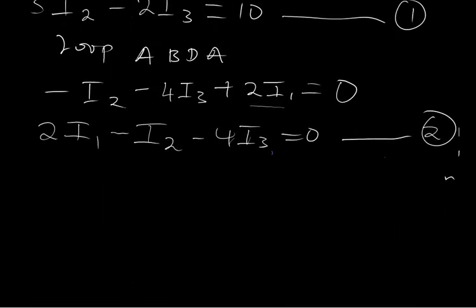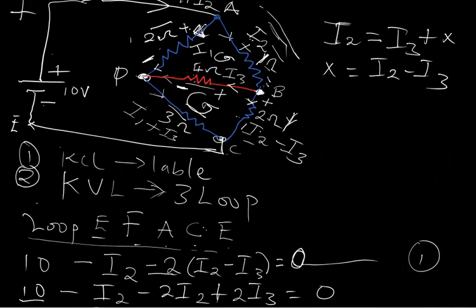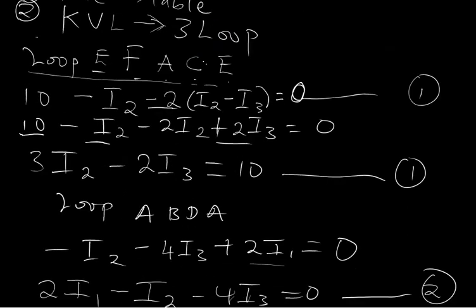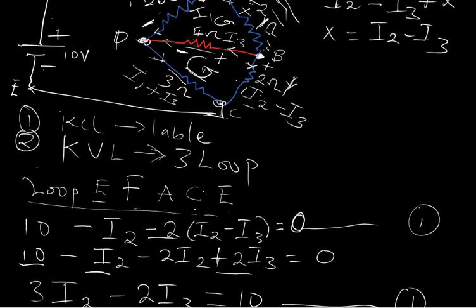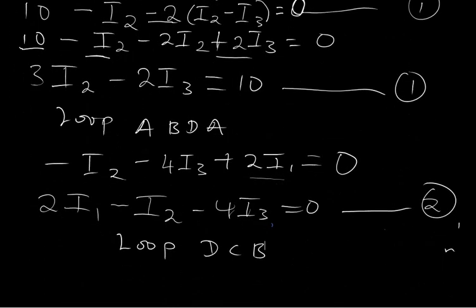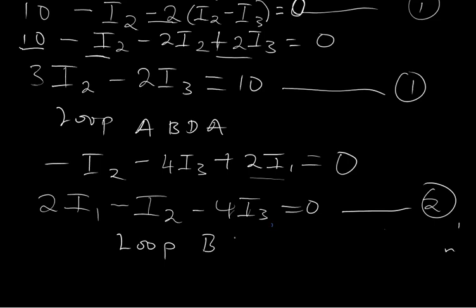Now let me look at the loop B, C, D back to B. I'm starting from B, through C, D, back to B. Please pardon me.